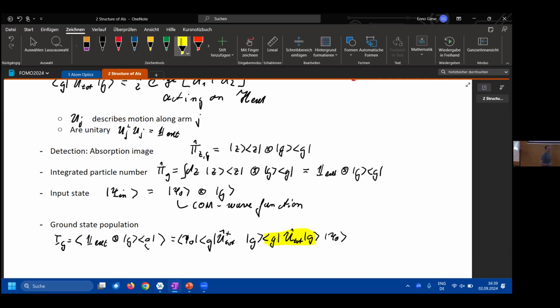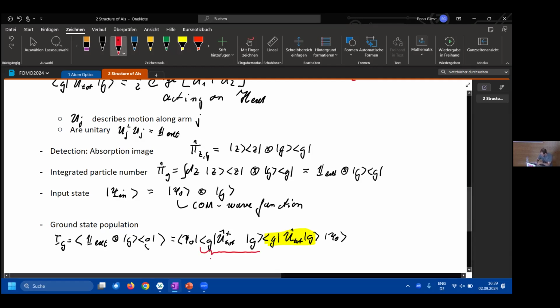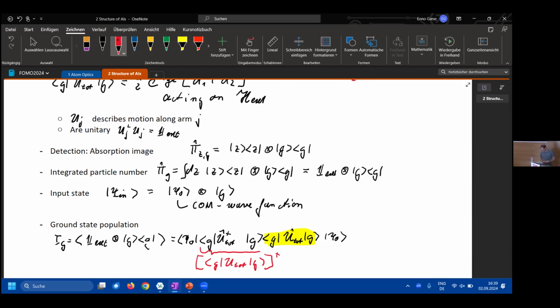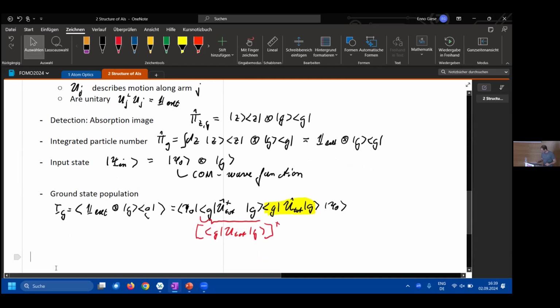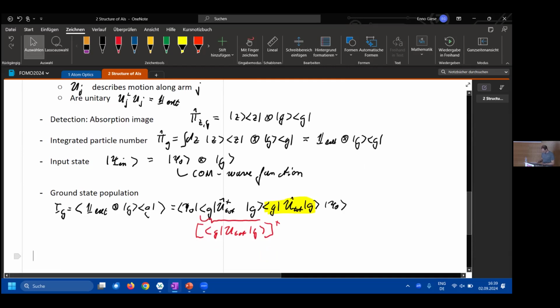Okay, and this here is this operator thing that we just talked about, but we also observe that this guy here is just G times U total times G dagger. Nothing happened, it's just a trivial thing. Now let's assume the form as I mentioned before.